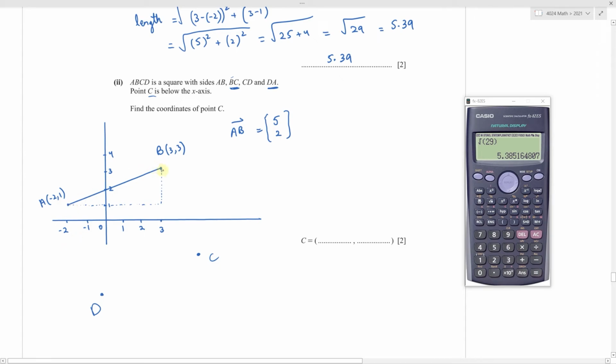Now you have to find a vector. Since this is a square, the other vector BC will have the same length as AB, but it will be at a 90-degree angle like this, going in this direction. Now if you look at vectors, let me take a simpler example. Let's look at this vector, this red line.